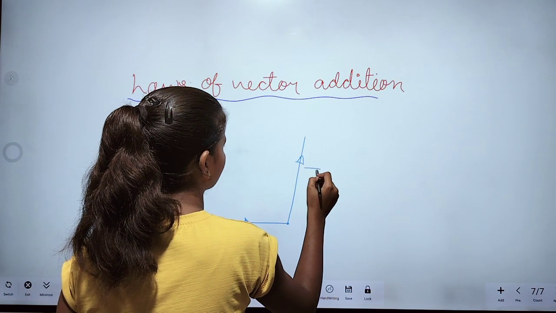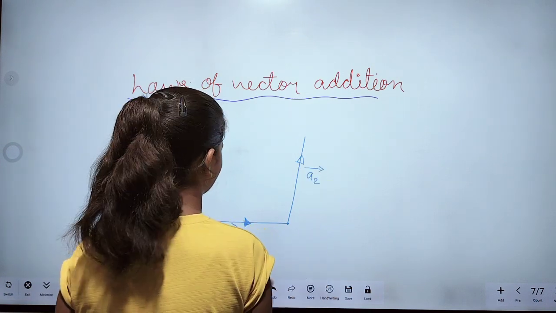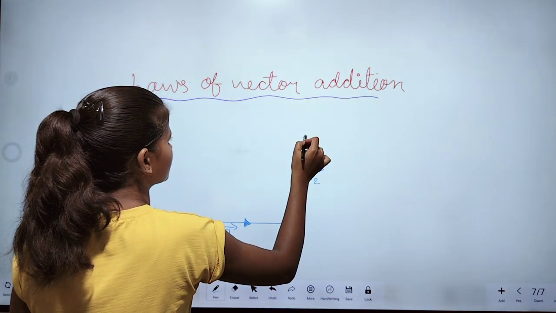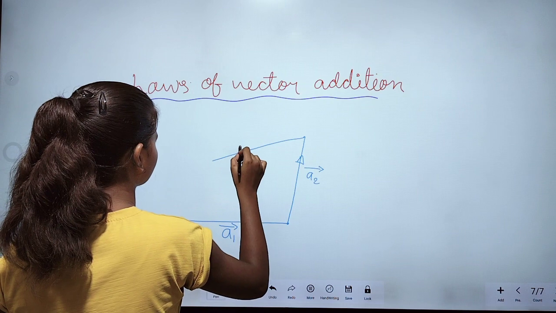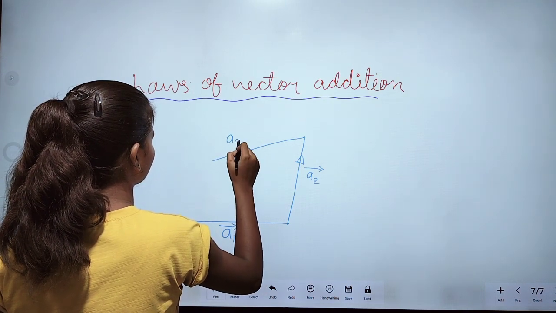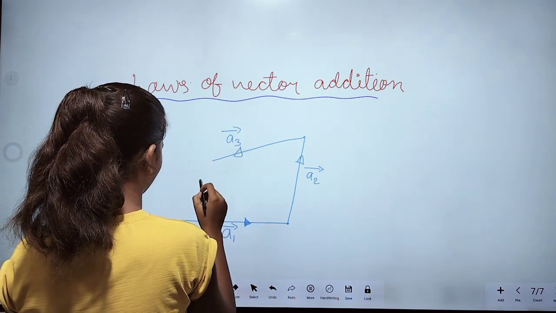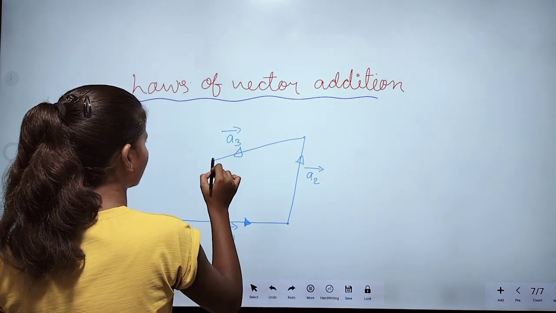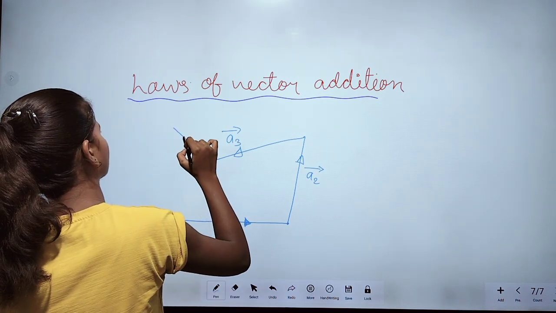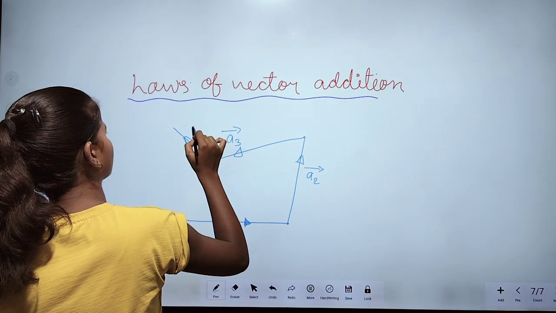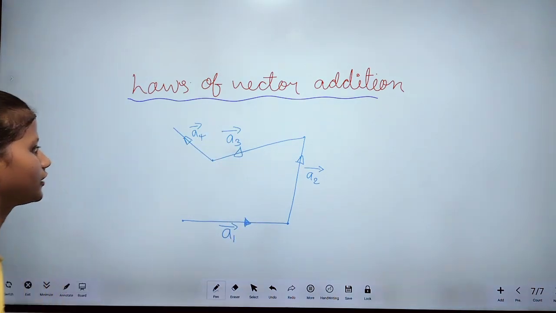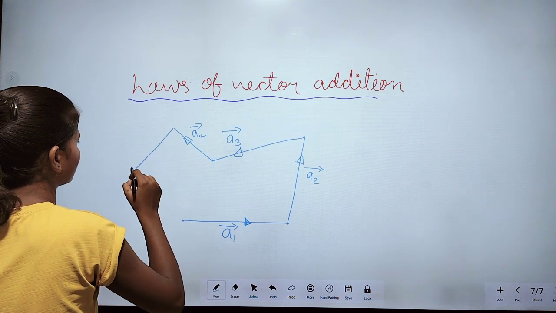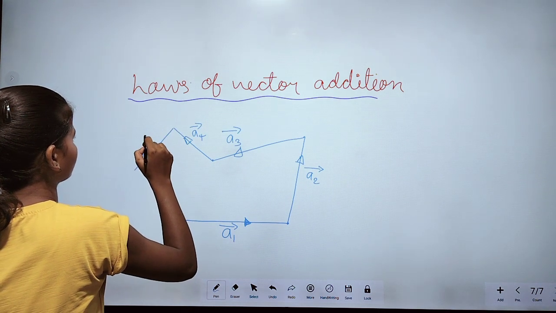This one is our vector, and draw the third vector on the head of the second vector. Draw the fourth vector on the head of the third vector, and draw the fifth vector on the head of the fourth vector.